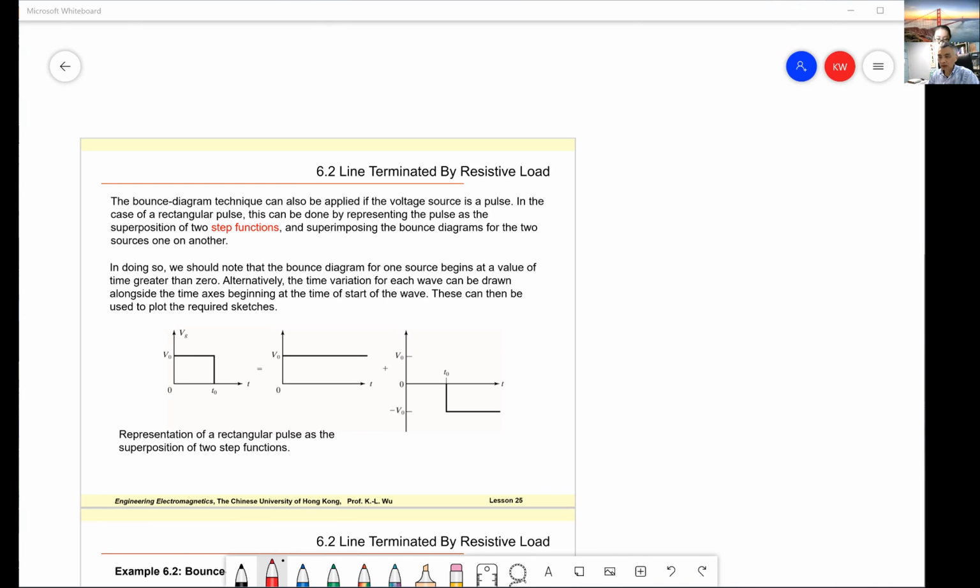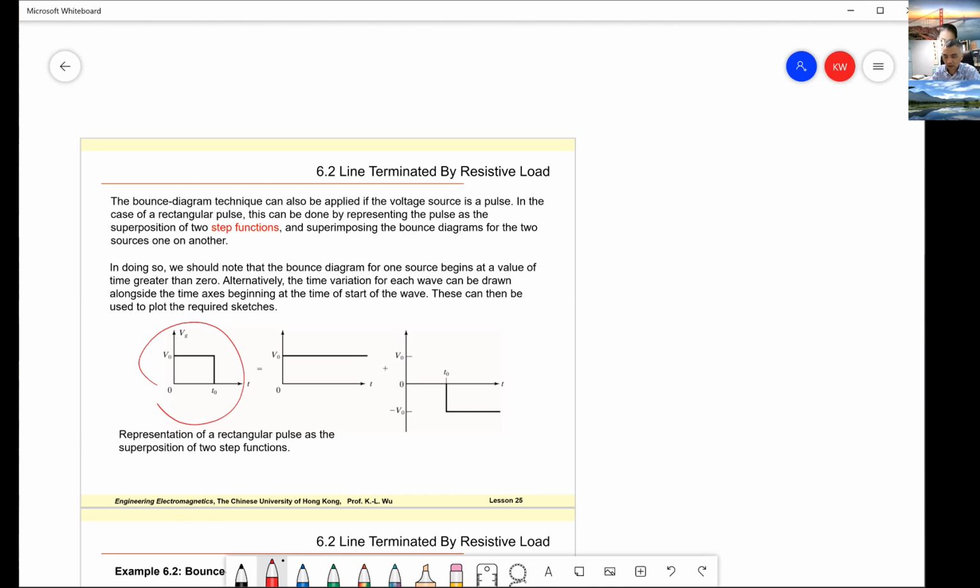And in digital circuits, what we most of the time encounter is a pulse function, right? The pulse function has a certain period and also the pulse width, such as this. This is a very ideal rectangular pulse function.